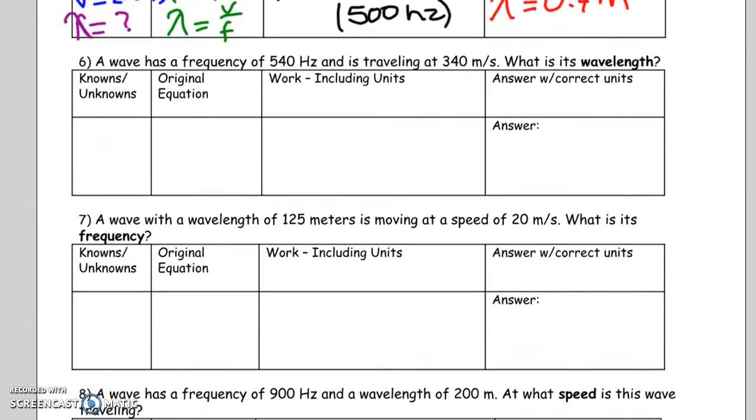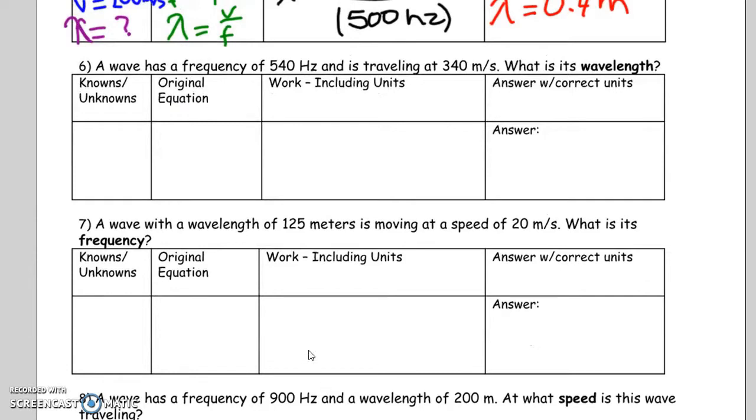Let's go ahead and look at number 6. A wave has a frequency of 540 hertz and is traveling at 340 meters per second. What is its wavelength? Okay, then I will go ahead, velocity equals frequency times wavelength.